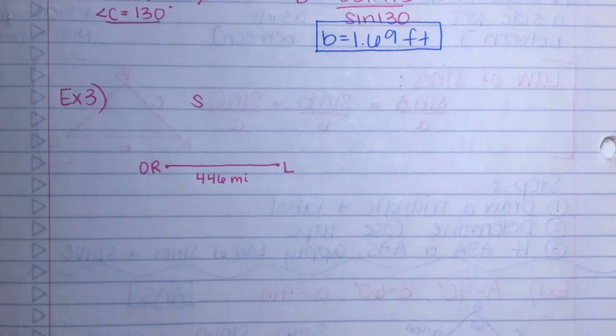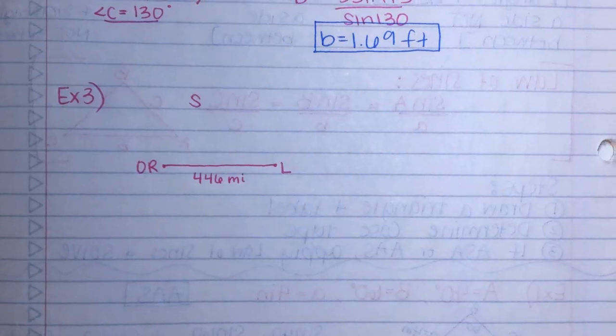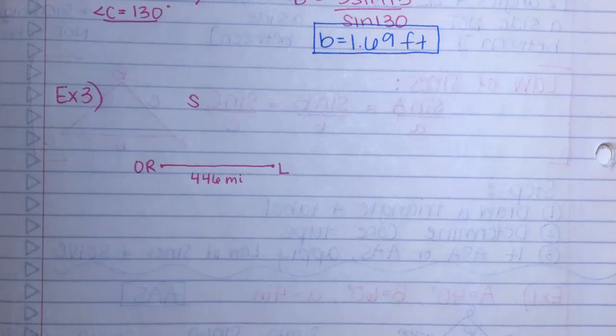And then what did it tell me about my angles of elevation? It told me 52 and 78. Oh, backwards. Okay, how do I know which one goes with which? It's ordered in the word problem. Oak Ridge and Langley, so 58 and 72.